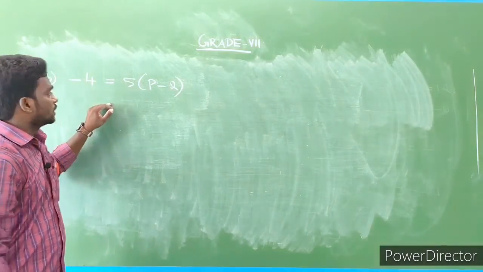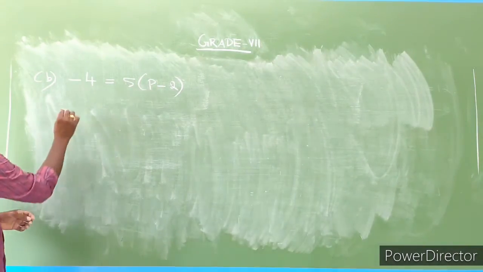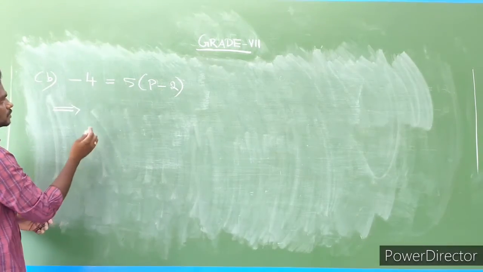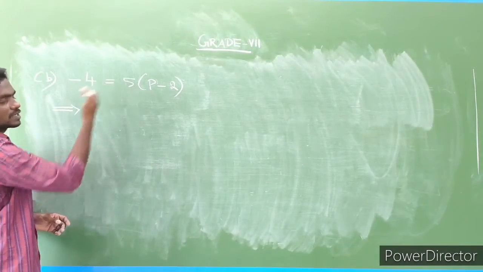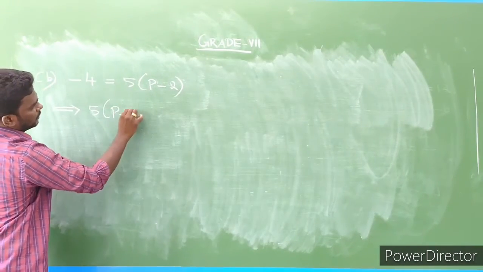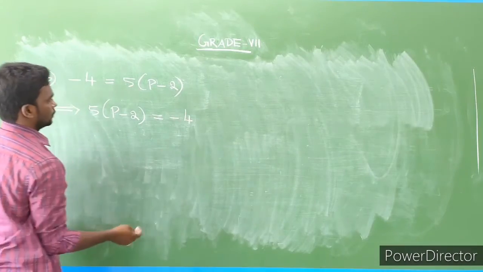Next our B question is minus 4 is equal to 5 into p minus 2. How to write minus 4 is equal to 5 into p minus 2? We can interchange the LHS and RHS value, that is 5 into p minus 2 is equal to, what is that? Minus 4.